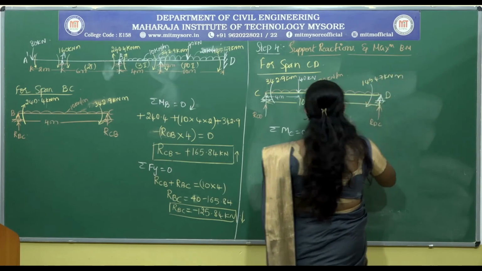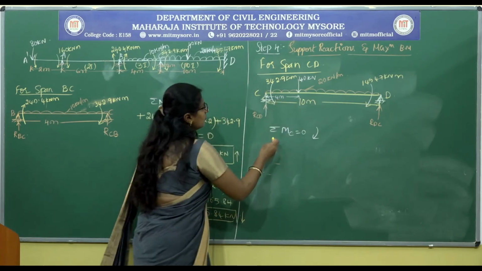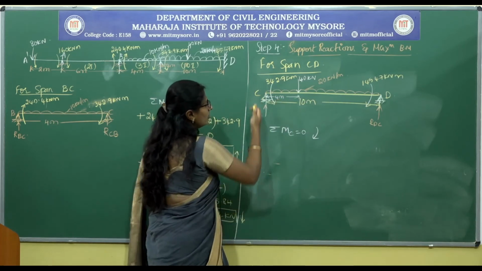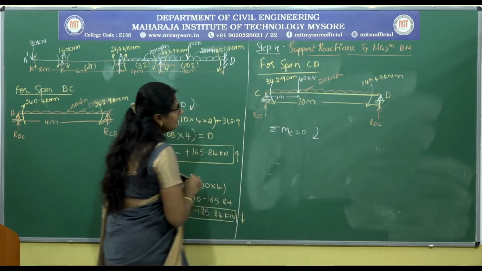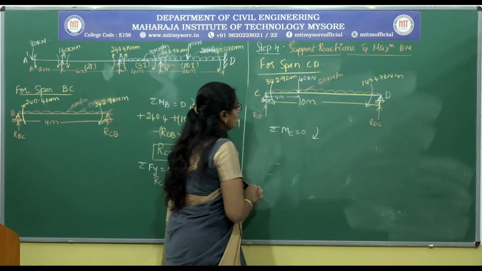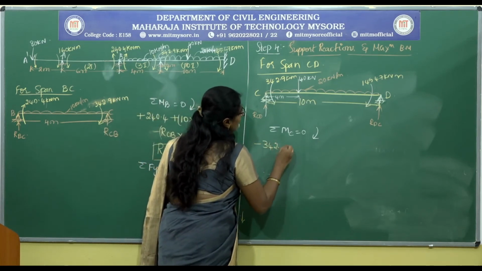This is the clockwise direction and this is in the anti-clockwise direction. So for this, sum of all the moments at C is equal to 0. So this 342.9 kilonewton meter is acting in the anti-clockwise direction, so I take it as negative.